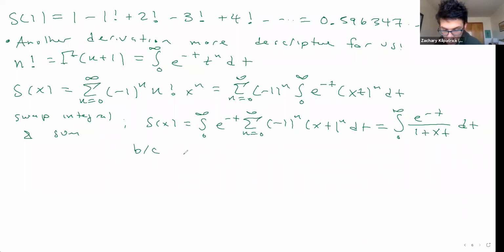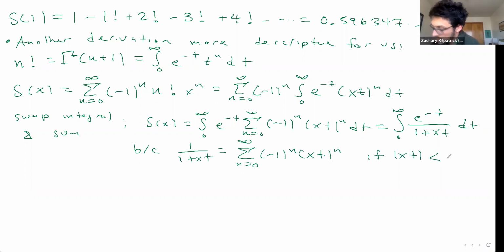Because 1 over 1 plus xt is equal to the sum from n equals 0 up to infinity of minus 1 to the n, xt to the n, if xt has magnitude less than 1. But remember this integral, I've done something slightly abusive, because this integral takes t all the way up to infinity.